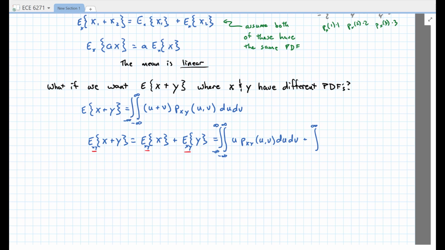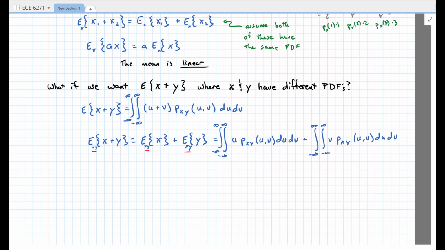There. Minus infinity to infinity, minus infinity to infinity, v pxy(u, v) du dv.